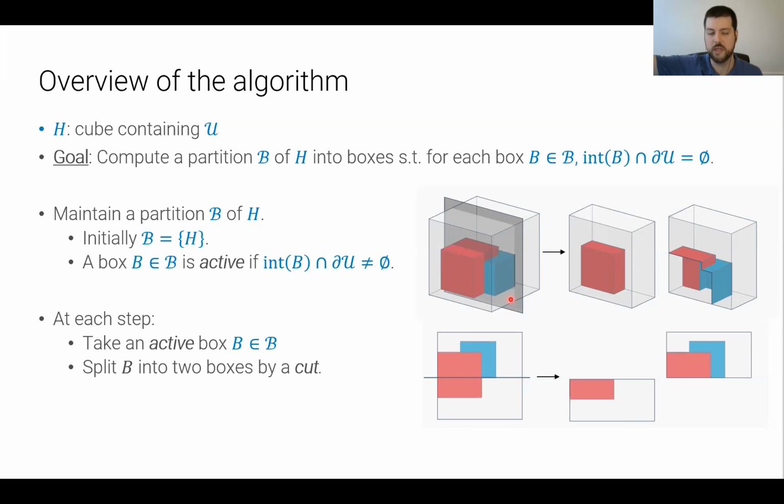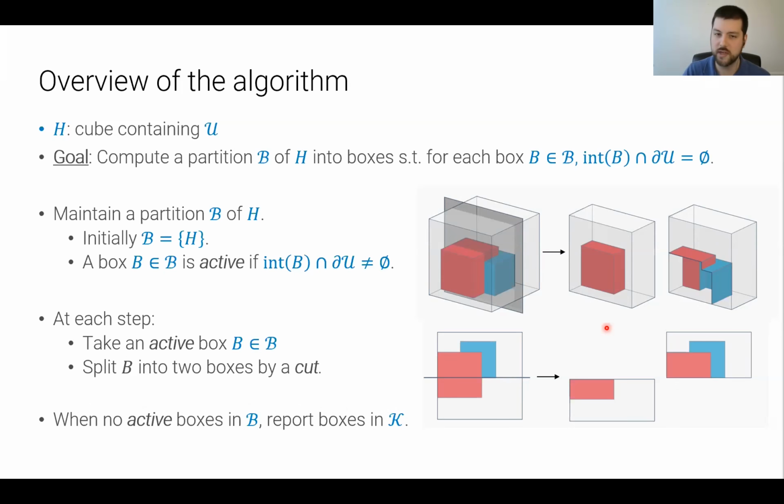We've enlarged it for visibility, but this cut is becoming a face of the two resulting boxes. So the back face of this left box and the front face of this right box. That is the so-called cut. And as mentioned, whenever we have no active boxes, we're done and we simply report the boxes that lie in the complement.